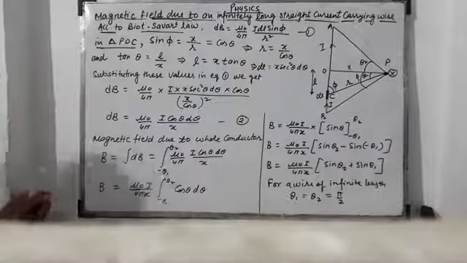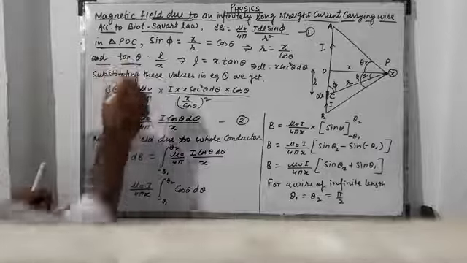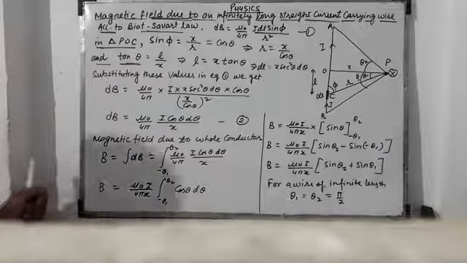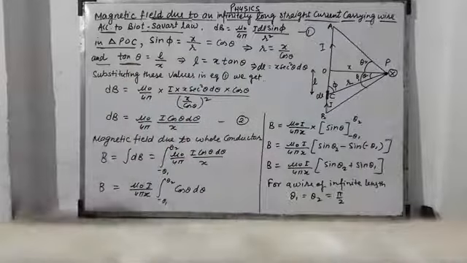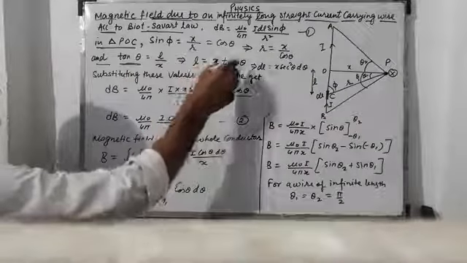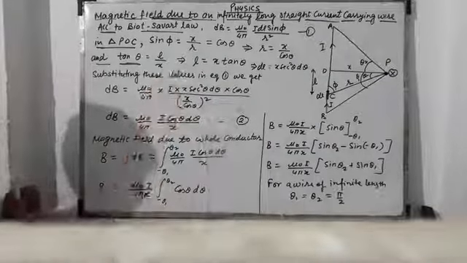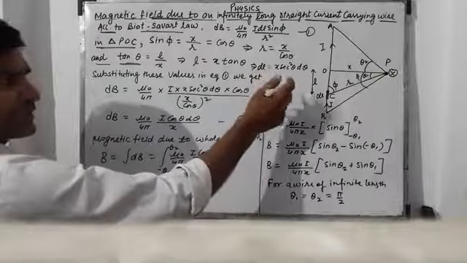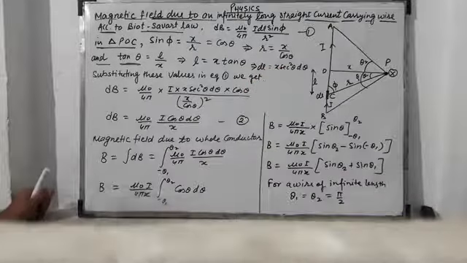x upon cos theta. Once again, from the figure, tan theta is L upon x. So L is equal to x tan theta. Differentiating this, we get dl is equal to x sec square theta d theta.